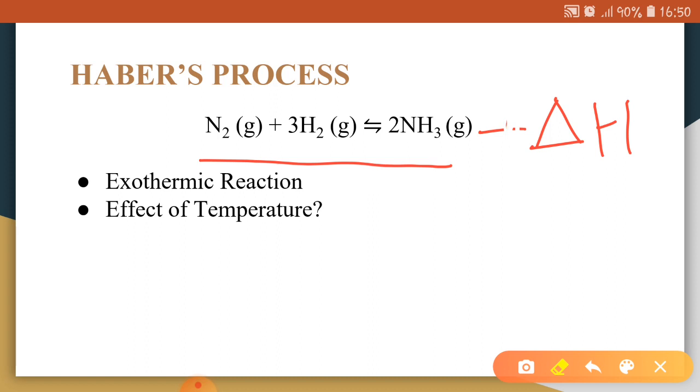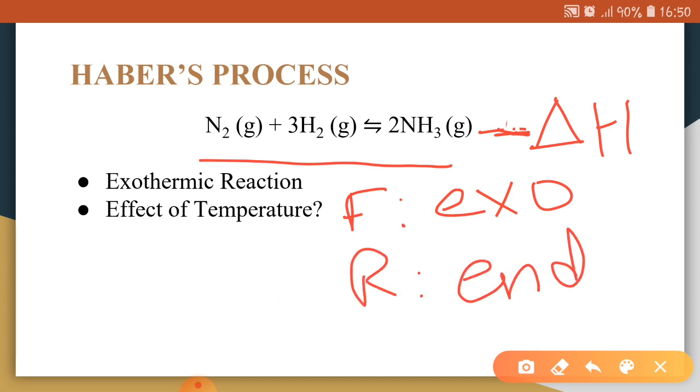This means that this is an exothermic reaction. If we want the reaction to proceed in the forward direction, what would we do? This is a reversible step, and the forward reaction is exothermic, so the reverse reaction would be endothermic.